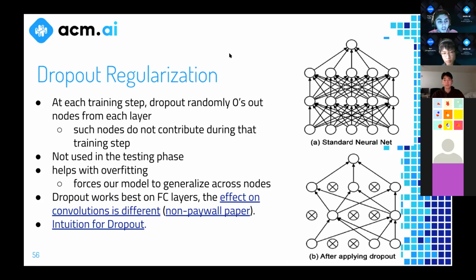But if you're still able to tell me the correct answer, that means you're able to make much more efficient use of the information I've given you, which is a very important intuitive property of being able to generalize. So there's a lot of different intuitive ways of thinking about why this kind of paradigm of regularization helps.